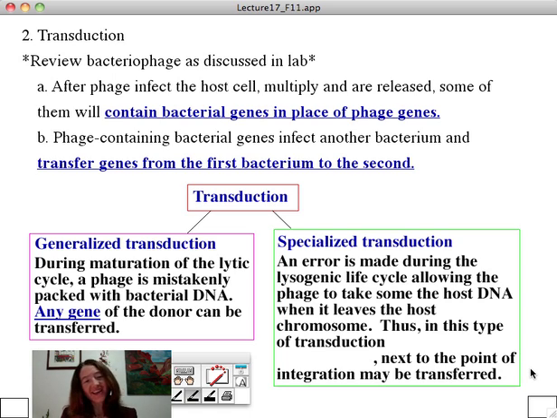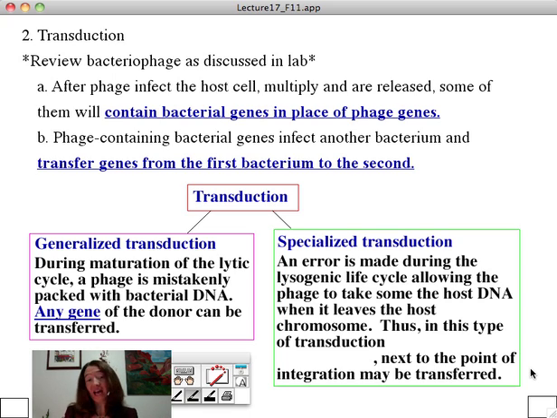And I can kind of visualize a lot of you thinking about this right now, and maybe you're thinking, well, how many genes or how much DNA can be incorporated into the capsid of the phage? How much donor DNA is getting transferred from donor to recipient? The answer to that is that it's limited based upon the size of the phage capsid.